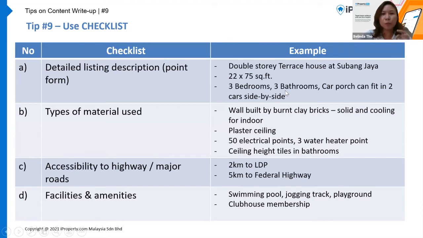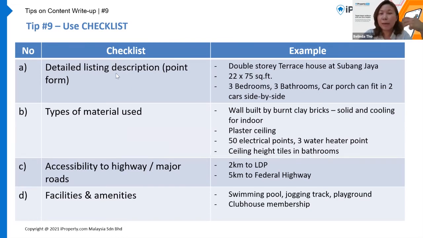In iProperty Pro, we allow you to put down the hash, the asterisk, or slash, or dash. It is okay, you can. We will treat all these markings as marking only for your points, just like this one, I do it in point form only. So it's allowed. In iProperty Pro, the description portion allows you to put it out there. Okay, so this is one of the checklists.